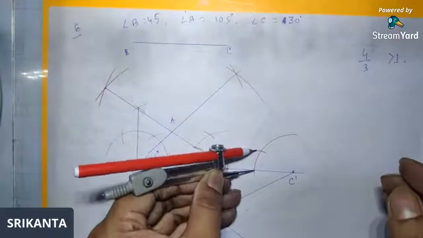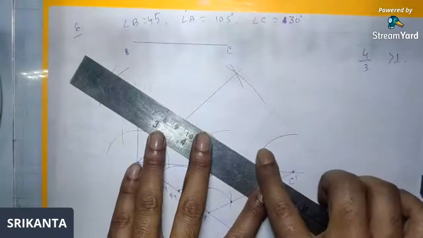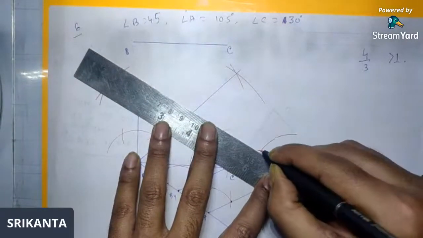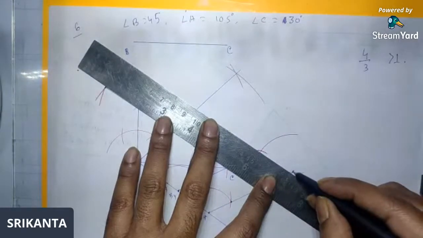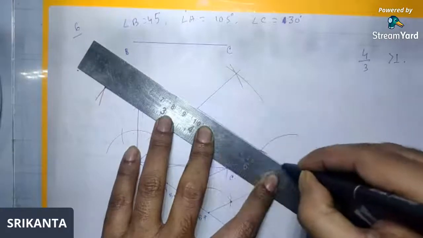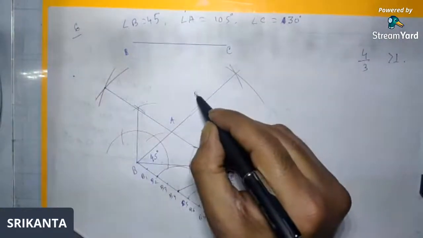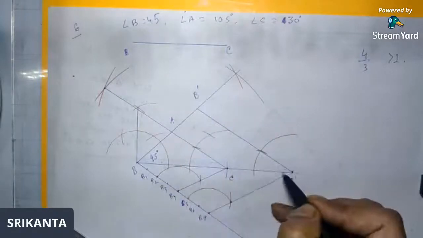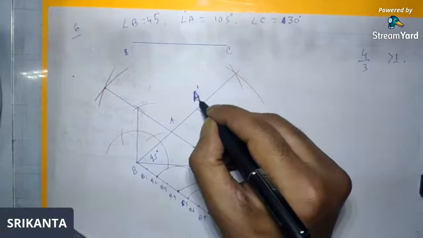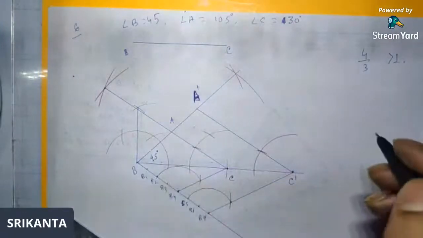And then done. Okay? This is the C dash point. This is a point of intersection. Now just join it. Fine. So this becomes B, this becomes B dash. So this is our, sorry, A. So A dash. So this is our required triangle, A dash, B, C dash.